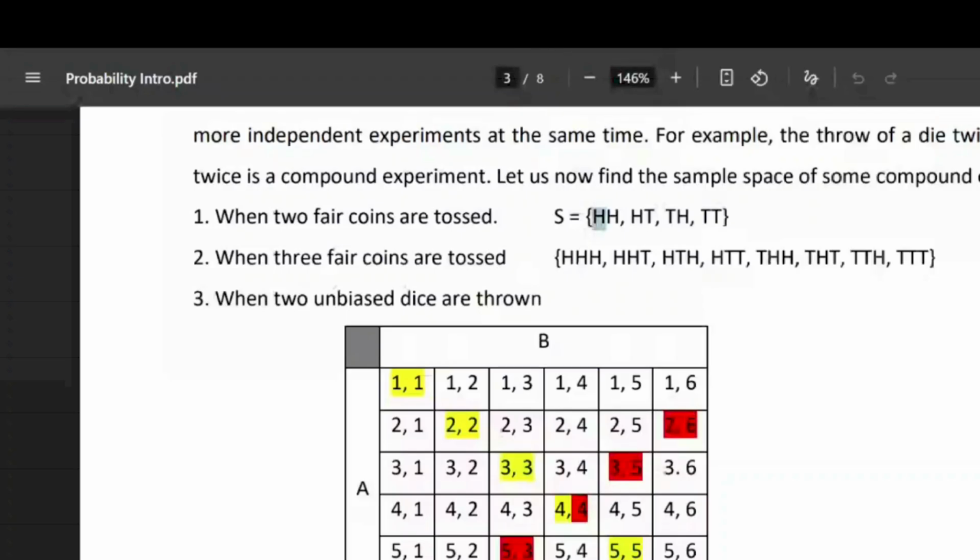Either the first coin will bring head and the second coin will also bring head, or the first coin will bring head, the second one will bring tail, or the first coin will bring tail and the second one will bring a head, or the two coins will bring you what? Tails. These are the only possibilities when you toss two coins together.